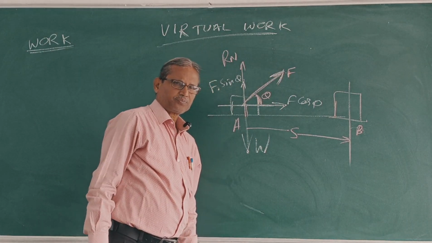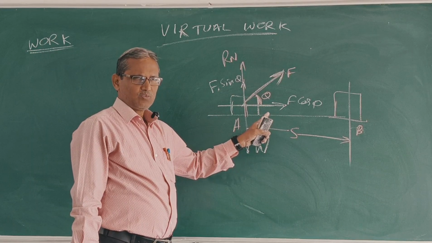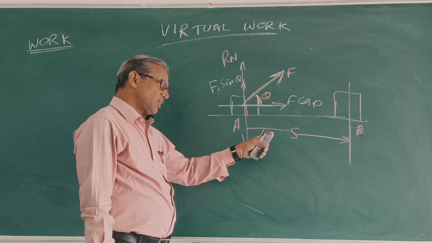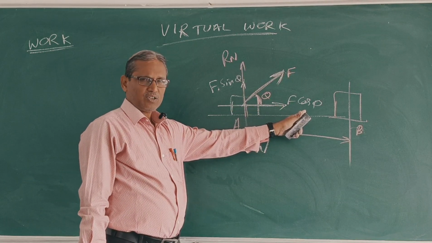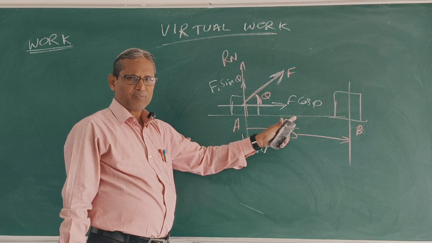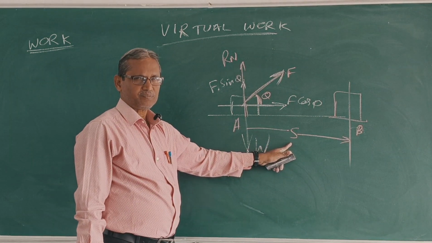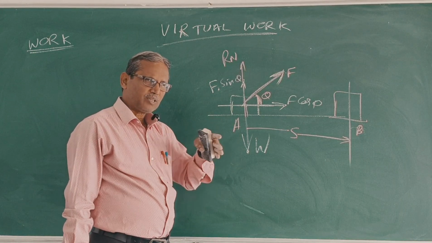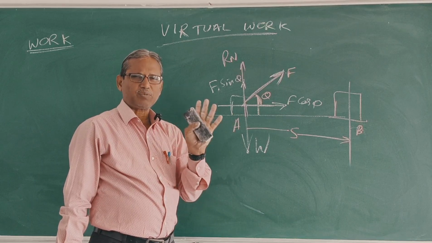Clear? So F cos theta moves the body from A to B. So what is work done? F cos theta into S. Clear? The component of the force along the motion of the body into the distance traveled by the body.